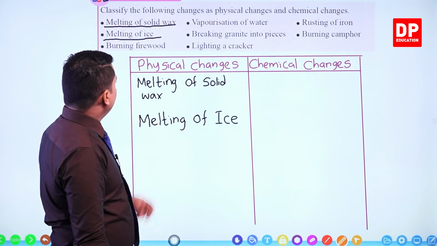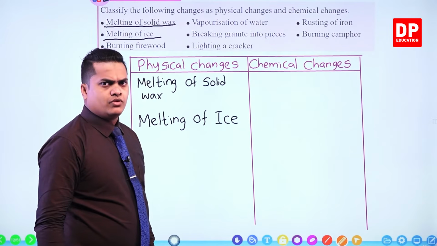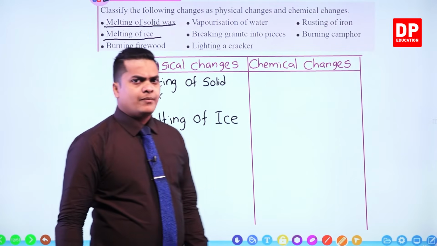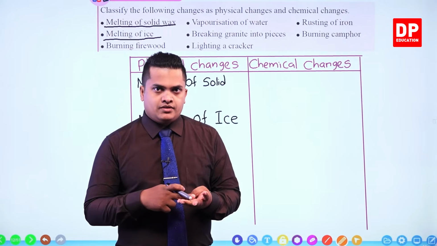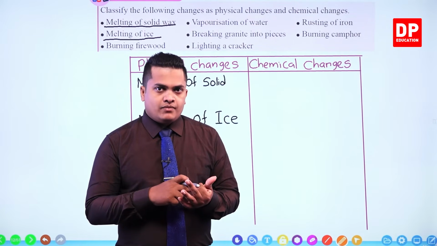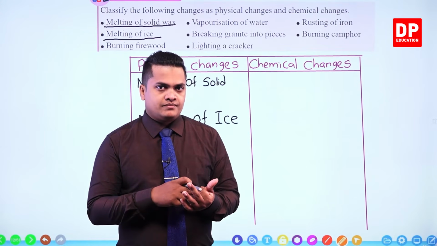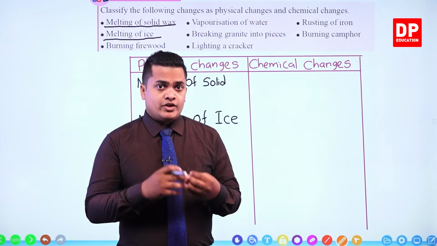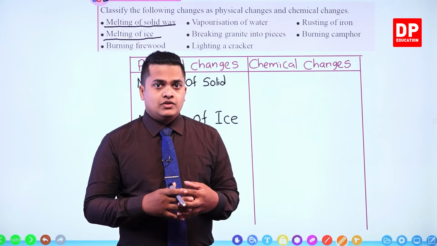Next one, burning firewood. Burning firewood, my dear children. What happens when you burn firewood? Smoke is going to emit. A yellow or red color flame is going to emit. Charcoal is going to be created. Ash is going to be created. Right?